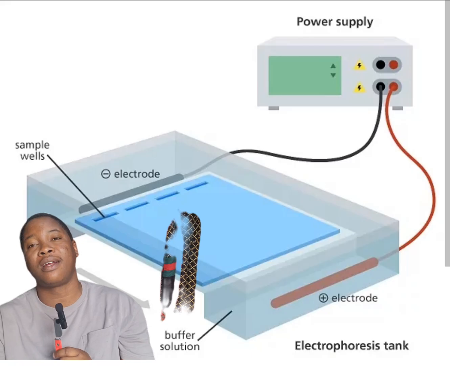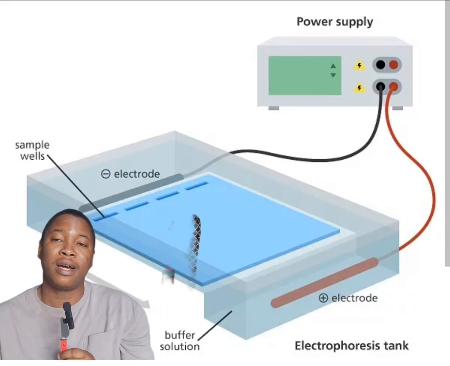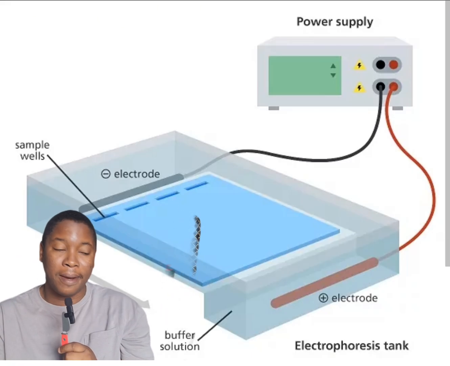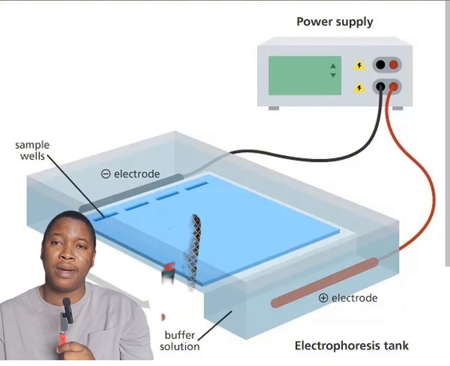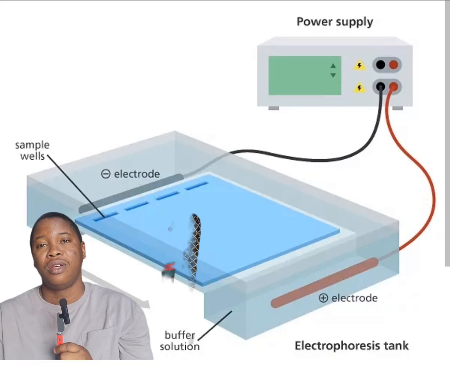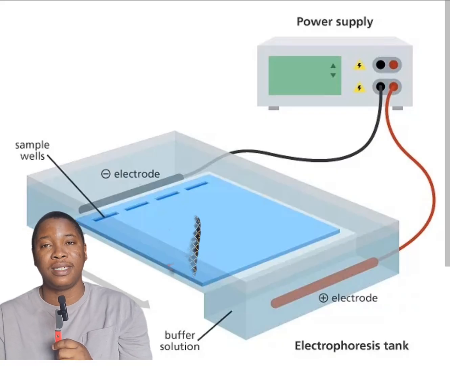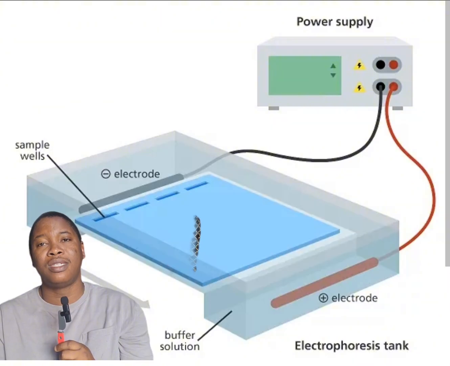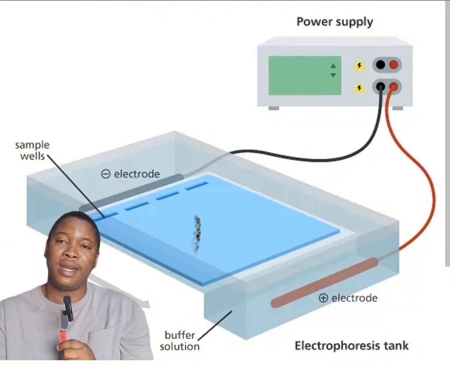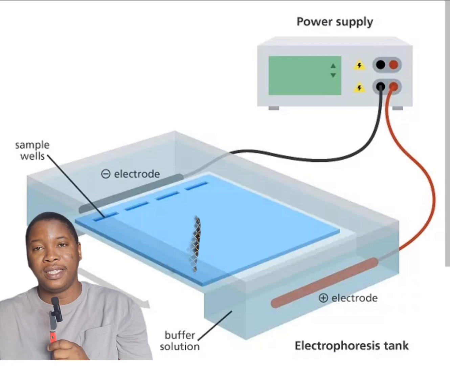You can have polyacrylamide as a medium, so you call it polyacrylamide gel electrophoresis, which is PAGE. Then you can also have SDS, sodium dodecyl sulfate polyacrylamide gel electrophoresis. You call that one SDS-PAGE.